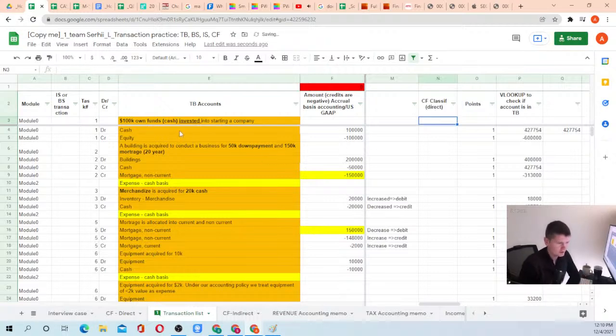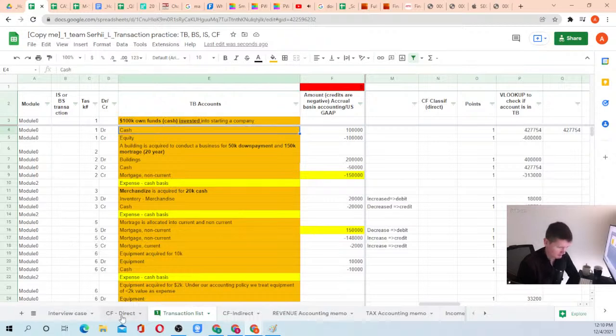So what will our exercise be? We will go through each debit and credit of cash, and we'll allocate the debit and credit to either investing activity, financing activity, or operating activity. Okay, so that is cash, owner's fund.